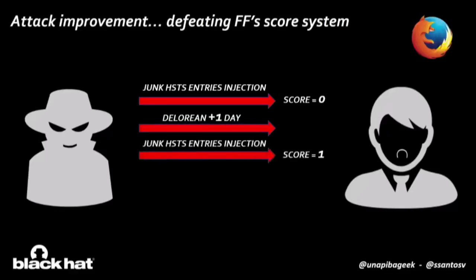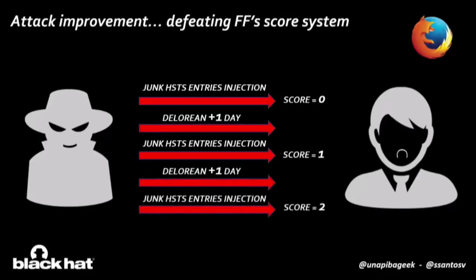After that, we can make another chunk entries injection, and with this, we will get a score of 1. And if we continue applying DeLorean together with the chunk entries injection, we can increment the score of our chunk entries. So with this, we can start to overwrite those entries corresponding to websites frequently visited by the user. This means websites with a higher score.